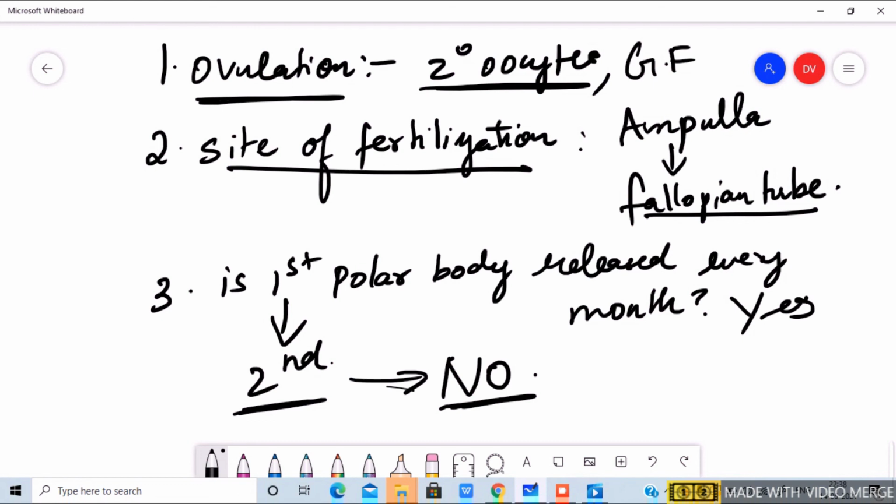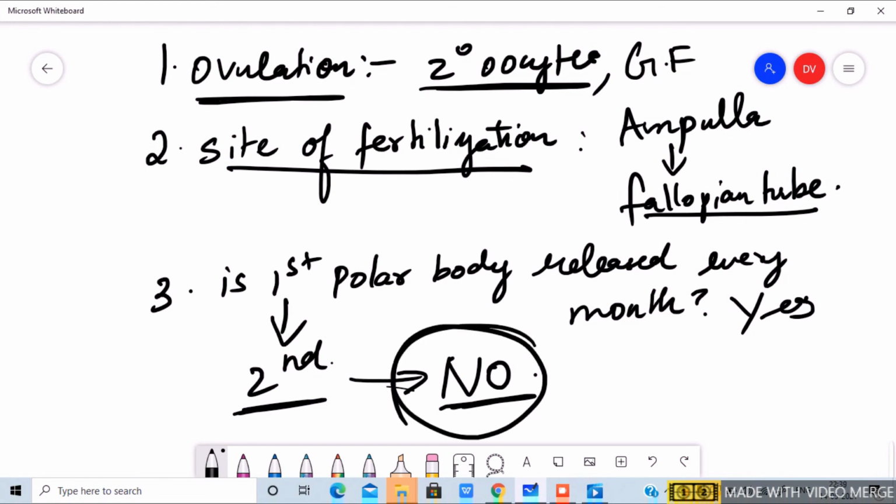It will get released only when it encounters the sperm, because the sperm will contribute the proximal centriole and meiosis 2 will complete, and only then the second polar body will be formed. So only when fertilization happens, the second polar body will be formed. If they ask you whether the second polar body is released every month, the answer is a big no.